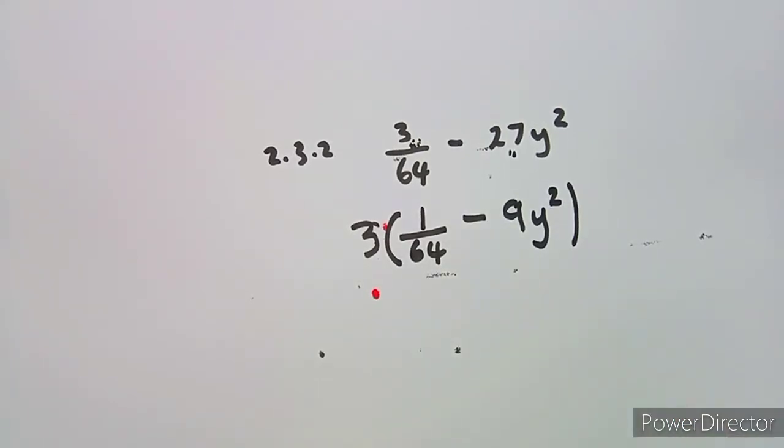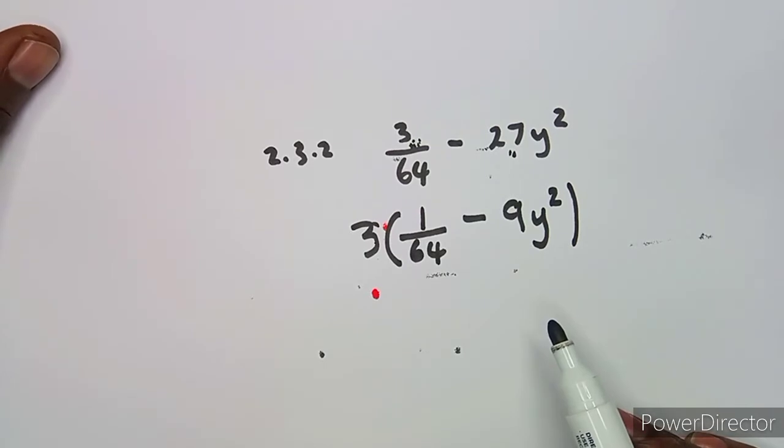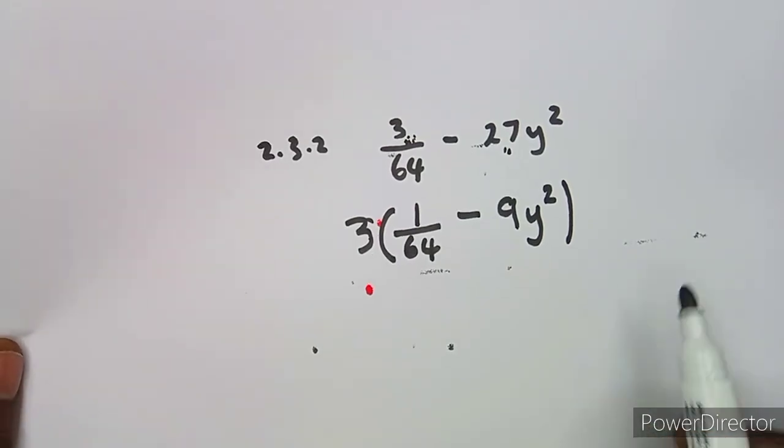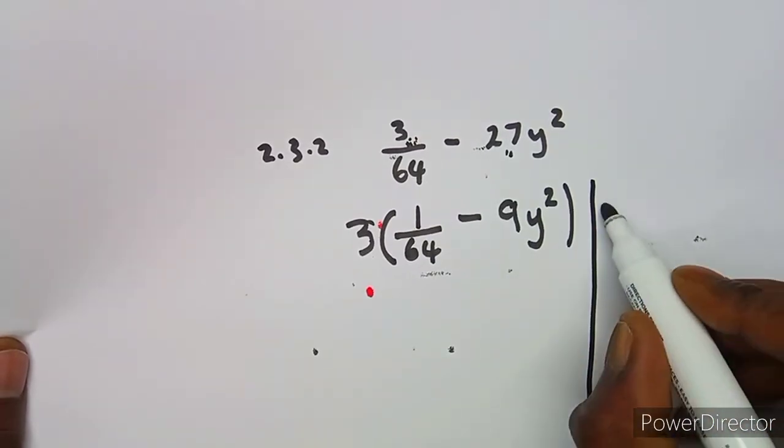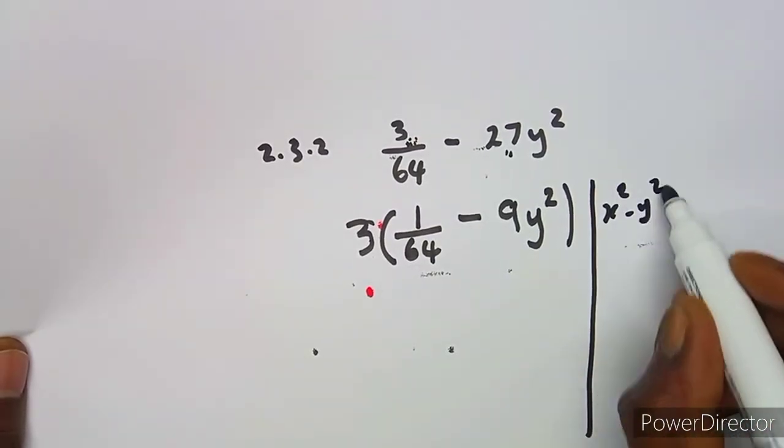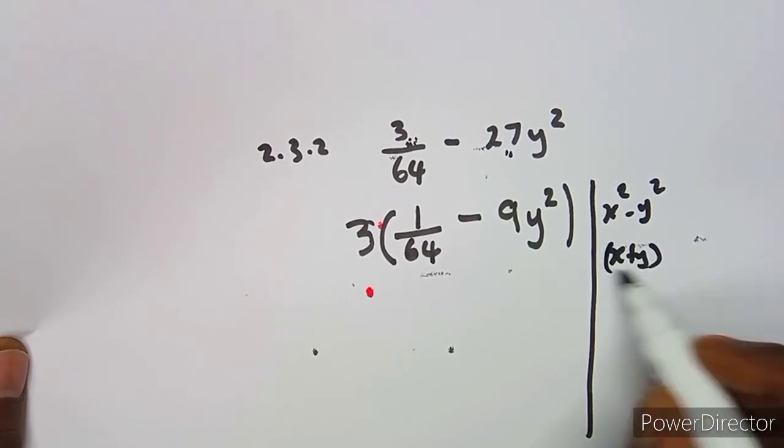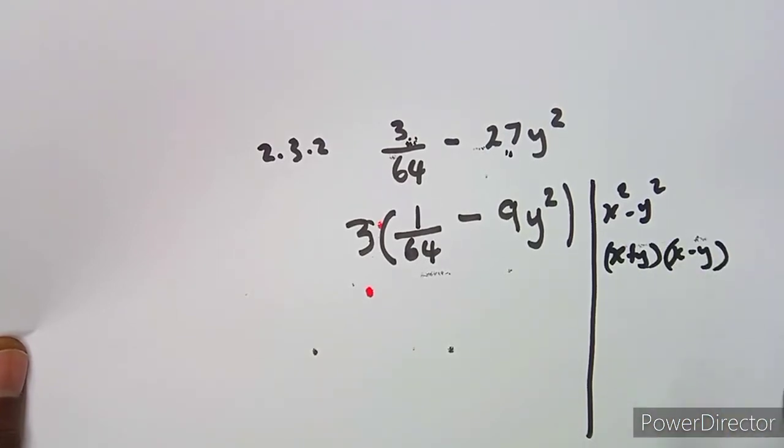So at that stage, try to express it in terms of perfect squares so that we try our difference of two squares. Remember our x squared minus y squared, which gives us x plus y into x minus y, like this.